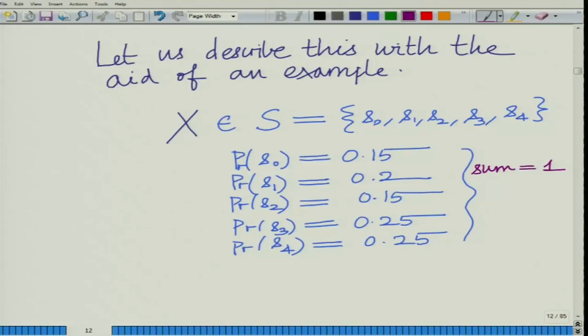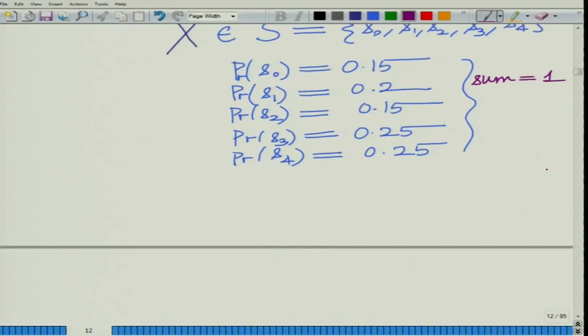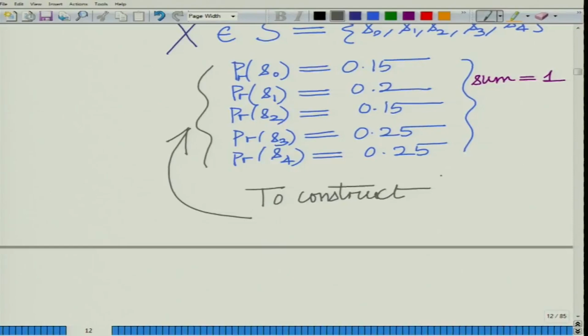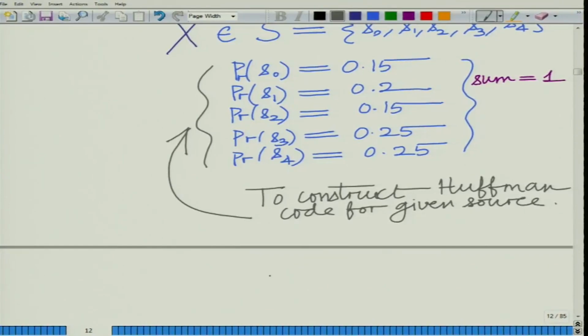Okay, so that is what we want to illustrate.